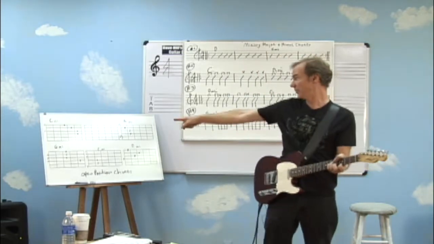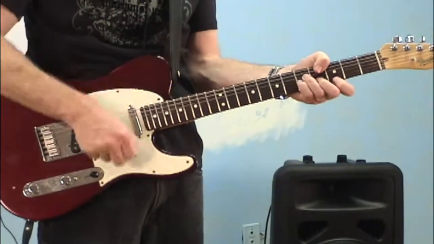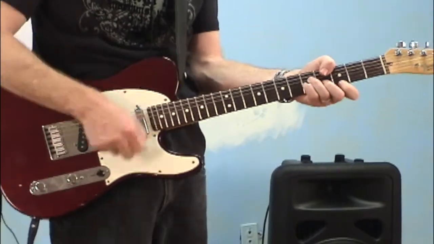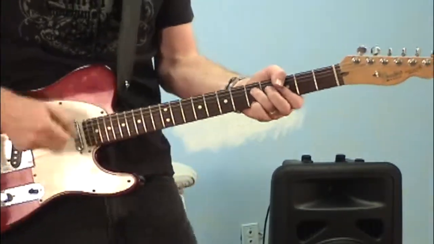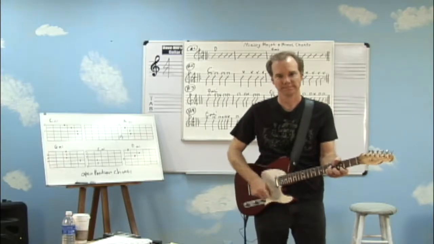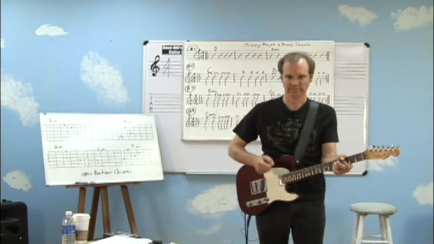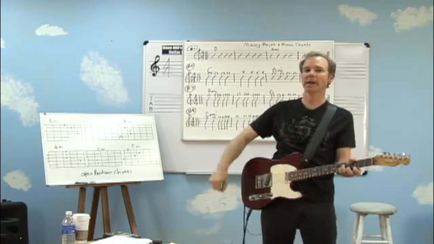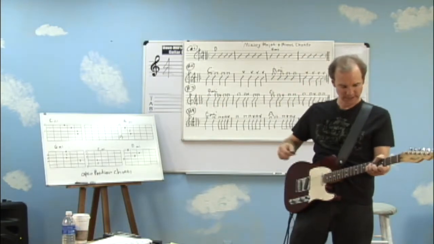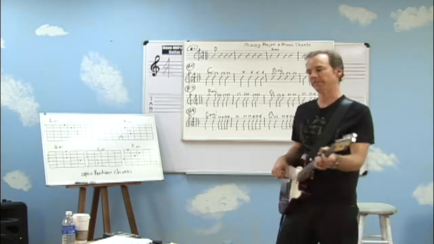Okay, and if I combine that with the G minor chord right here, you'd have this kind of sound. Okay, so those particularly fit well together in that nice bright strum feel.